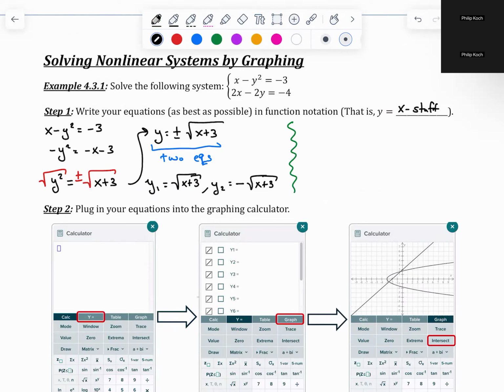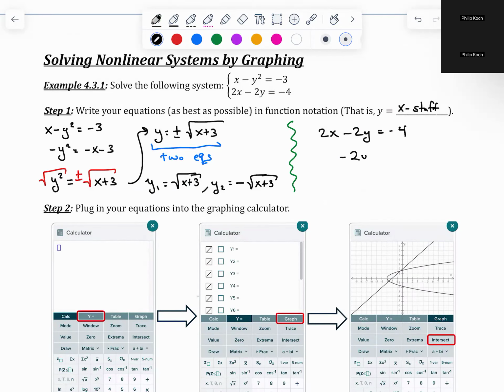So 2x minus 2y is equal to -4. That gives me negative 2y is equal to negative 2x minus 4. We'll divide both sides by -2 and get that y is equal to -2 divided by -2 is positive 1x, and -4 divided by -2 is plus 2.